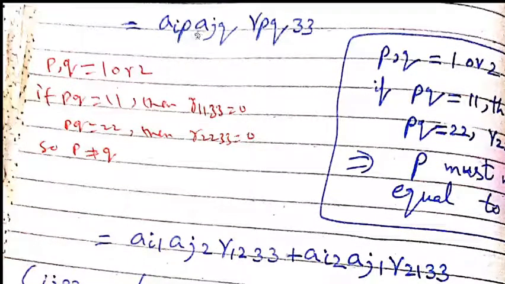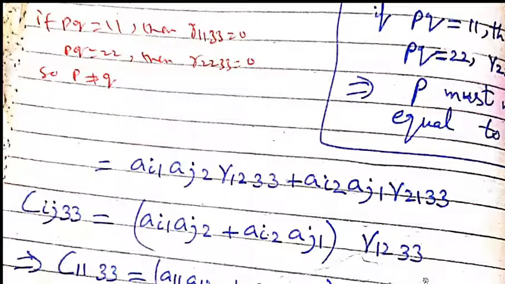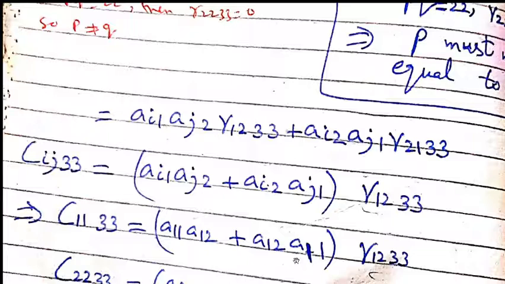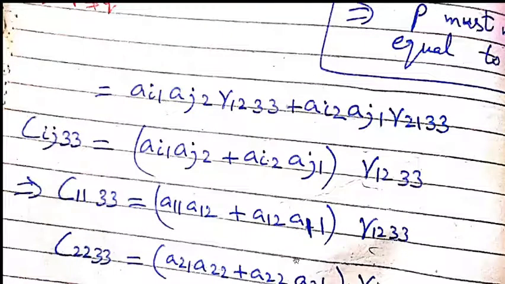So AI1 AJ2 with P1 Q2, here would be gamma 1 2 3 3 plus AI2 AJ1 gamma 2 1 3 3. So we can write here, taking the common, AI1 AJ2 plus AI2 AJ1. So I and J cannot be 3, so they could be 1 1, 2 2 or 1 2, 2 1.